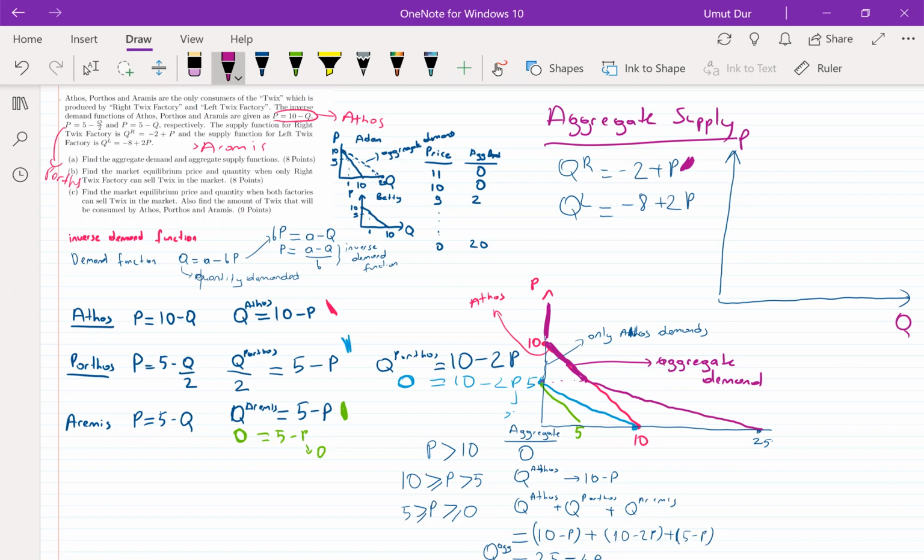Basically, what I'm asking here is, at what level of the price the quantity will be 0? It will be 2. It is something like this. So this is price 2, so this is QR. What about the supply for the left firm? It will be 4.